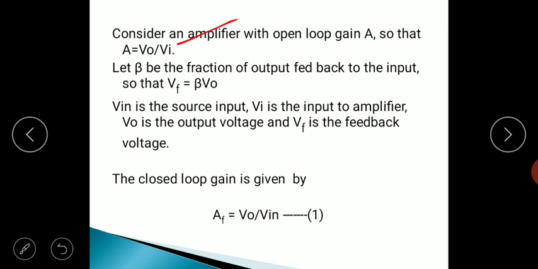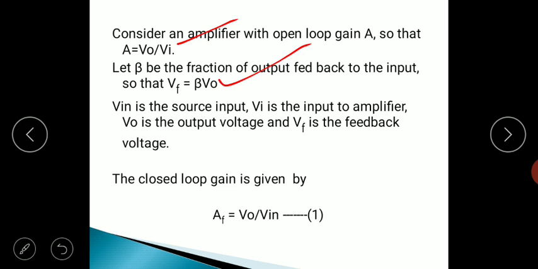Similarly, if you consider beta as the fraction of the output fed back to the input, then the feedback signal Vf is given by beta times V0. As I already told you, Vin is the source input, Vi is the input to the amplifier, V0 is the output, Vf is the feedback signal or feedback voltage, and beta is the feedback fraction.